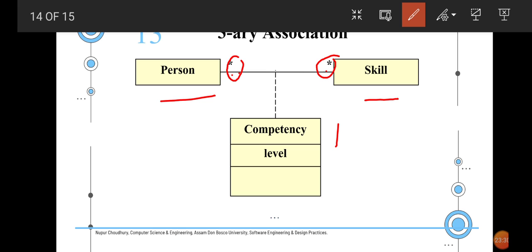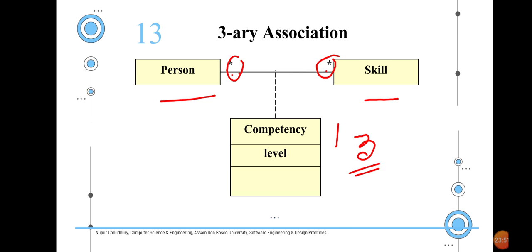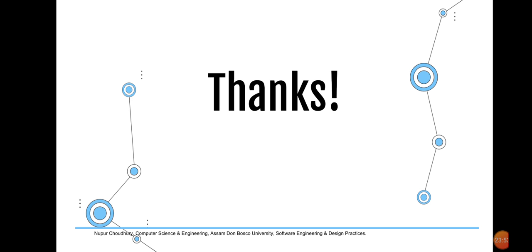Since there are three different classes communicating with each other in the form of association, we call it a ternary or tertiary association. So we have to make sure how many classes are communicating with how many classes, and then accordingly form a particular representation. So that is all for this session.